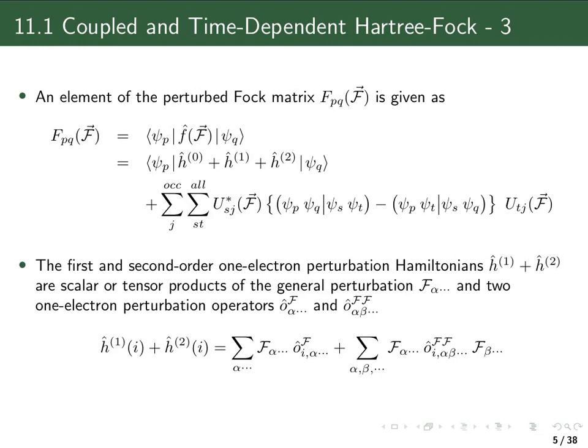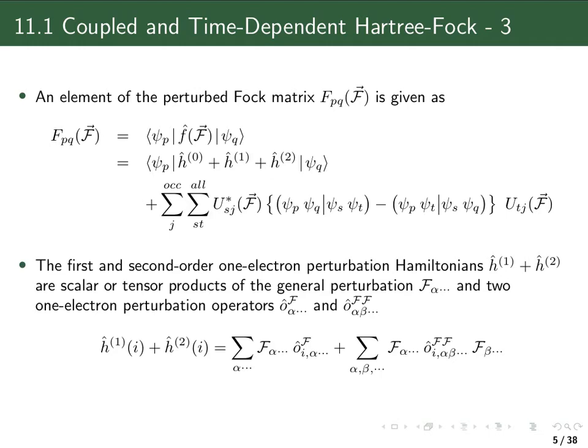And these perturbed orbitals psi j, we expand now again in the unperturbed set of orbitals, and that's where this sum over all orbitals s and t comes from, and therefore we have here s and t, and also here s and t, and we get this unitary transformation matrix again. This means that the perturbed Fock matrix also depends on these expansion coefficients U.